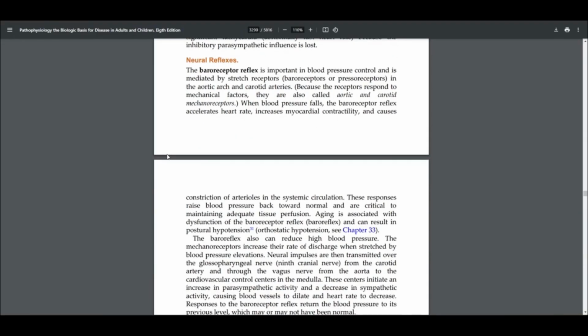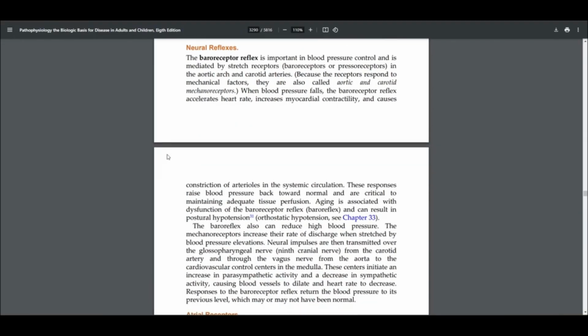So, our neural reflexes. The baroreceptor reflex is important in blood pressure control and is mediated by stretch receptors, the baroreceptors or pressoreceptors, in the aortic arch and carotid arteries. Because the receptors respond to mechanical factors, they are also called aortic and carotid mechanoreceptors.